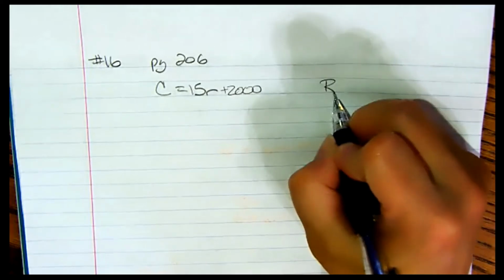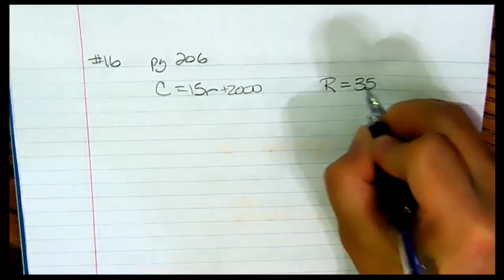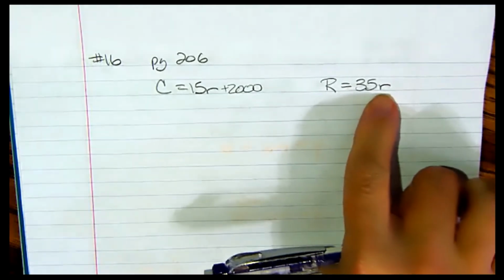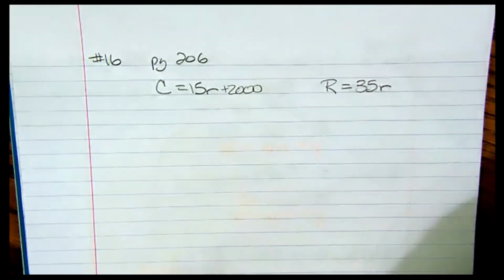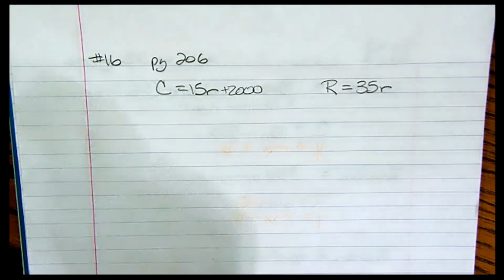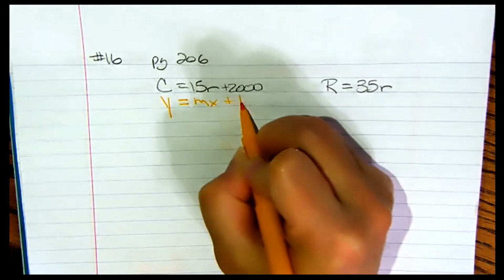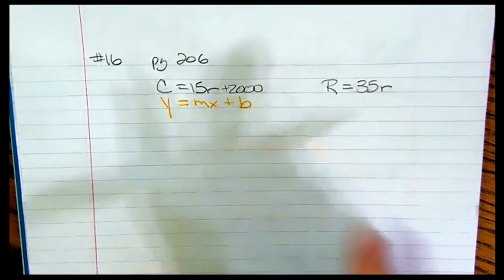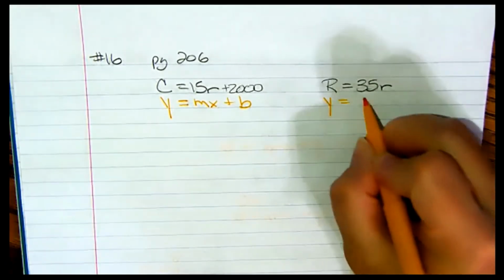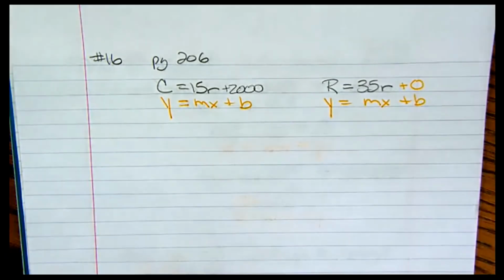Our revenue, that's how much money is coming in, is equal to $35 per ride. Now, when we look at these, do these look like linear equations? It does to me, especially if that's a plus 0.